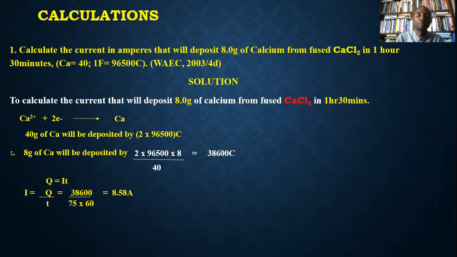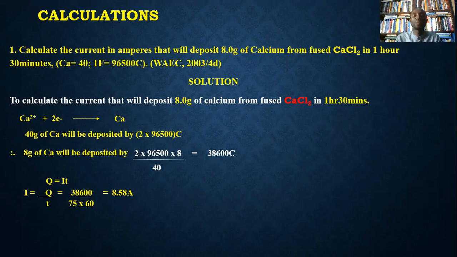That means 1 mole of calcium will need 2 Faradays, meaning that 40 grams, which is the relative atomic mass of calcium, will be deposited by 2 times 96,500 coulomb of electricity. If that is the case, 8 grams of calcium, what will be deposited? You cross multiply and divide by 40, which will give you 38,600 coulomb of electricity.